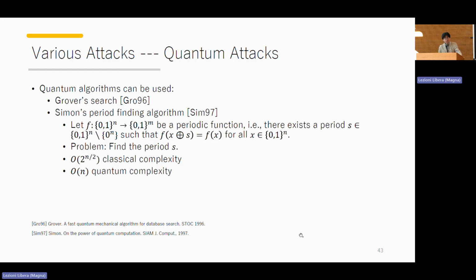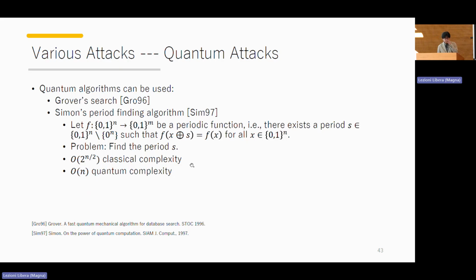And in the quantum setting, quantum algorithms can be used, Grover search can be used, and Simon's period finding algorithm can be used. So this is to solve a period finding problem, which says that given a function f, which is a periodic function, meaning that there exists a non-zero period s, such that f of x XOR s is equal to f of x for all x, the problem is to find the period.